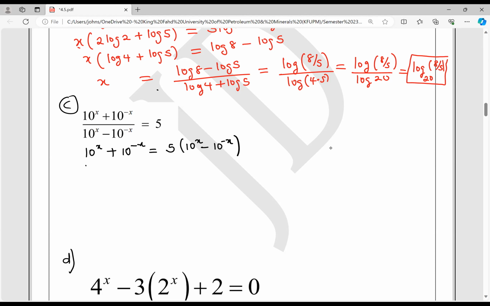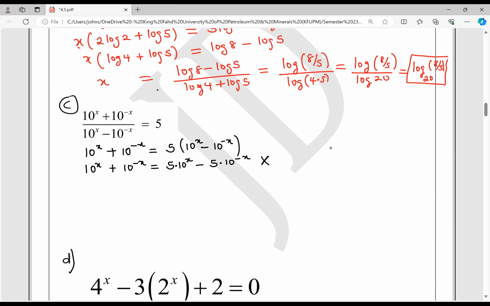Now this is going to be 10^x plus 10^(-x) is equals to 5 times 10^x minus 5 times 10 to power minus x. So here you can put the ones with 10 to power x together and the ones with 10 to power minus x together, or you can just multiply.